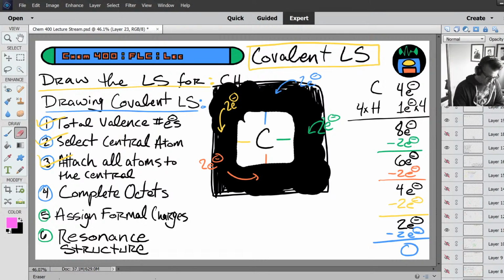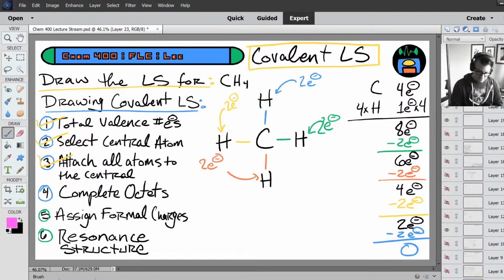The answer is, well, it has 4 bonds around it. It has access to all the electrons in each bond. There's 2 electrons in each bond, right? So carbon in this molecule has access to 8 electrons, which means that it too has a full octet.